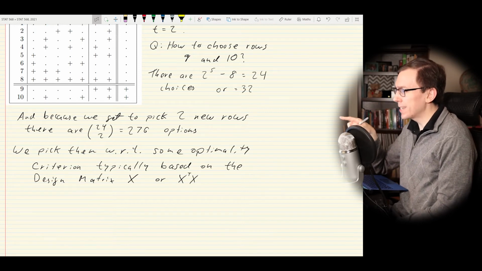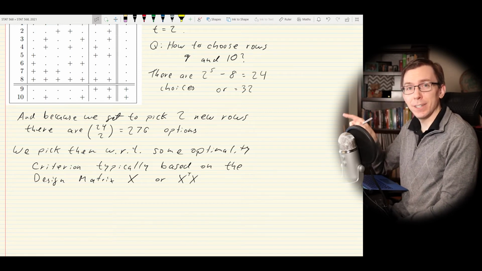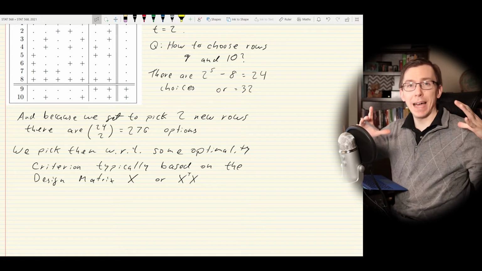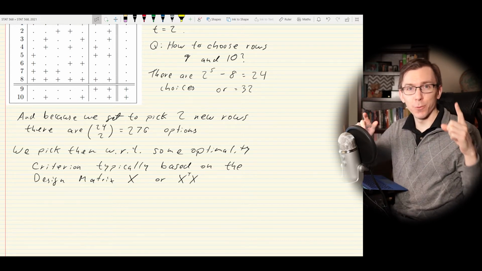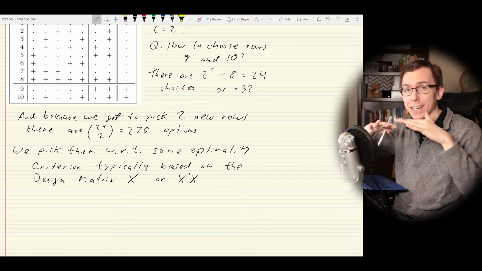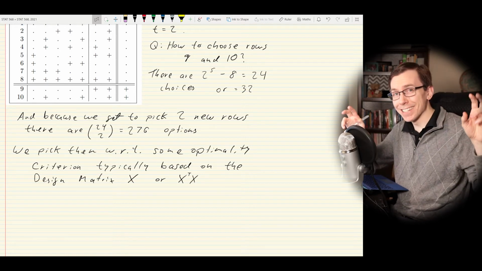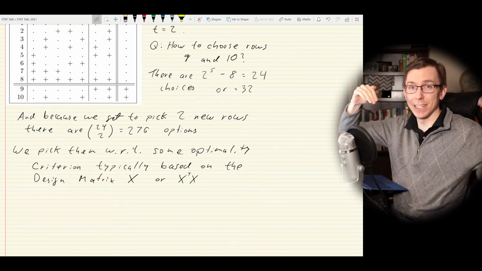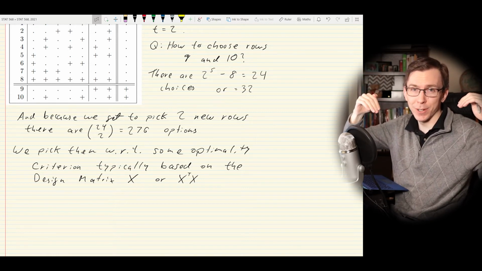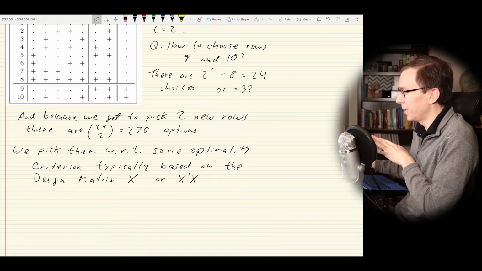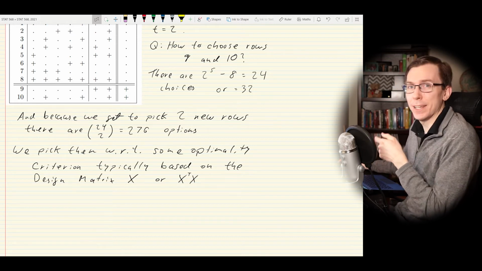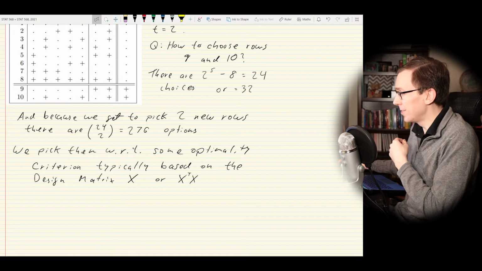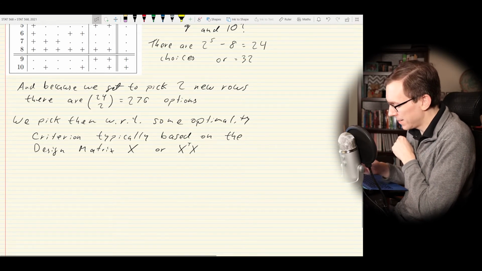Also, the choice of the rows is not necessarily unique. So just because we have an optimality criterion doesn't mean that there's one best choice. There could be a collection of best choices, right? Just because it's an optimal choice doesn't mean there's not another equivalently optimal choice. So these are all things to take into account when you're trying to run an experiment and using optimality criterion like this.